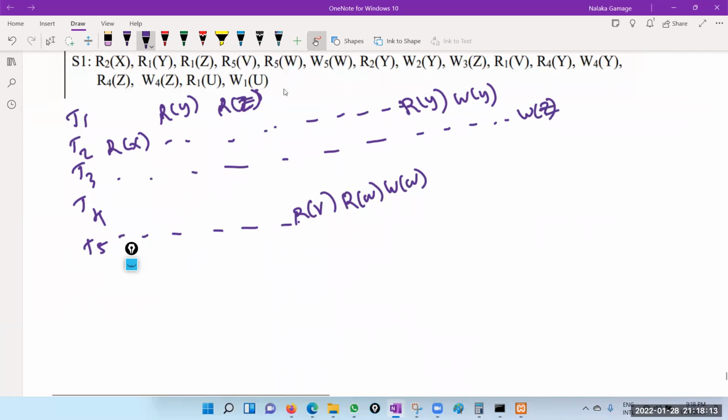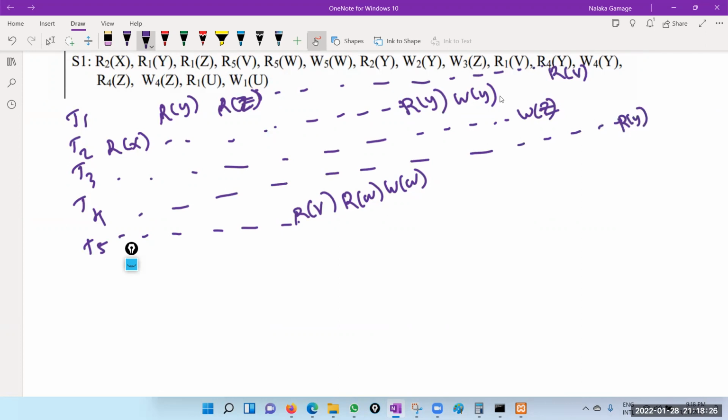Read 1v, read v. Read 4y, write 4y, write y.